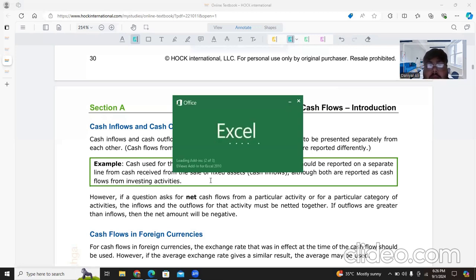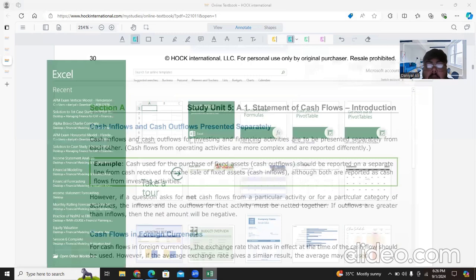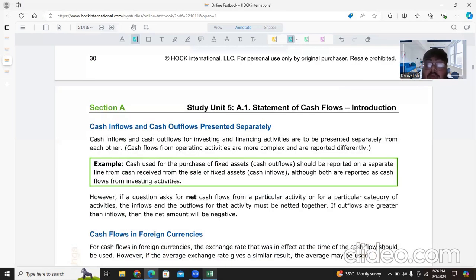However, if a question asks for the net cash flows from a particular activity or category, the inflows and outflows for that activity must be netted together. If outflows are greater than inflows, the net amount would be negative.